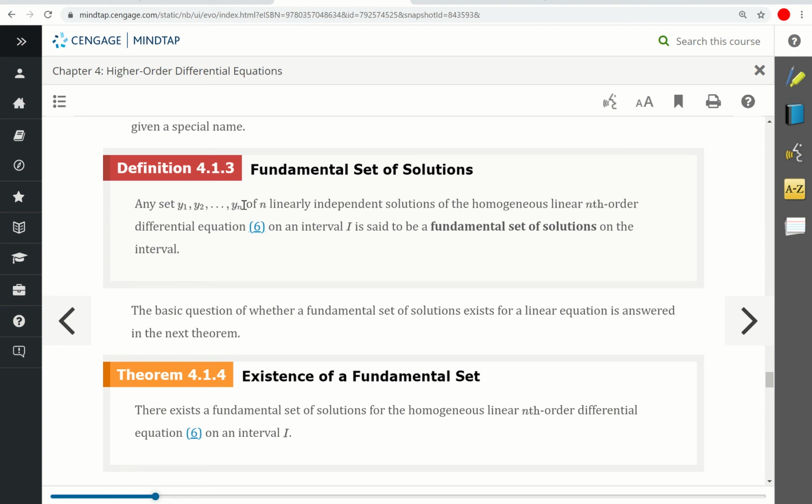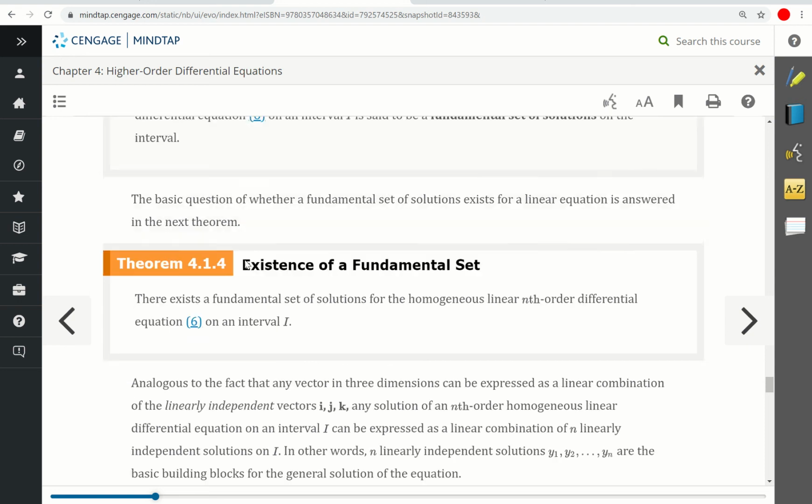So in other words, if you're talking about a type of super fundamental set that would include all linearly independent solutions, we're not quite there yet. Right now we're talking about a fundamental set being a collection of linearly independent solutions that solve the ODE.